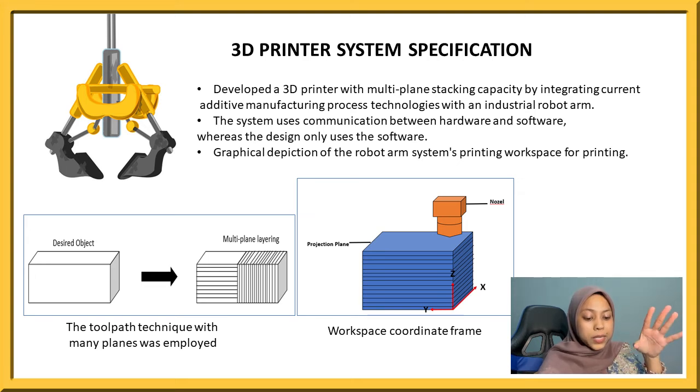So basically, FDM is controlled by its nozzle moving along its axis by using a stepper motor. This stepper motor will control all the axes and work by using very precise steps.